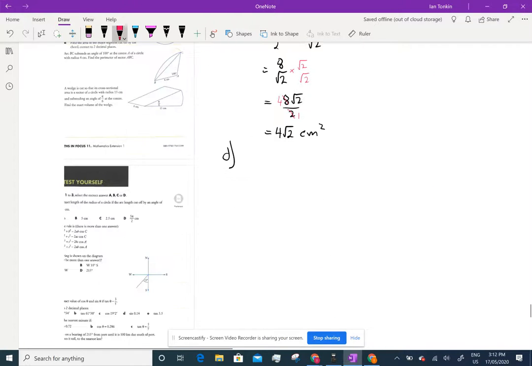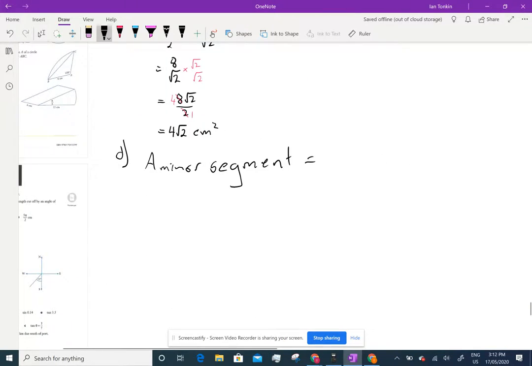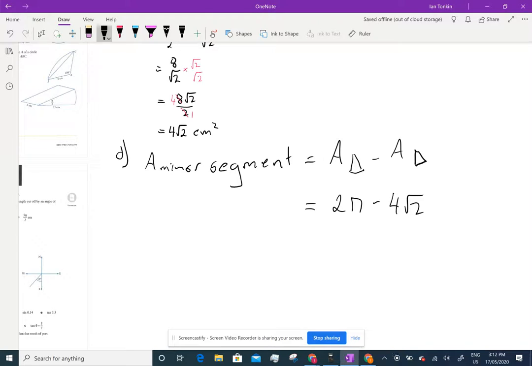You got the little one and the bigger one. So the area of the minor segment, well, it equals the area of the sector minus the area of the triangle. Well, that was 2 pi minus 4 root 2. That's it. That's the answer.